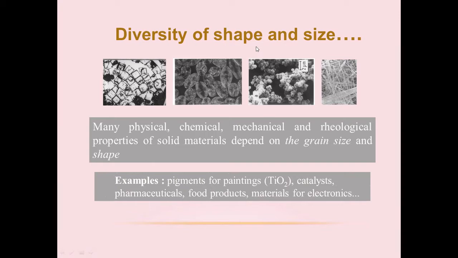In the case of pigments, I think this is very self-explanatory. In the case of pigment, sizes are really under quality control. Pigments for paints, catalysts that are used in chemical reactions, pharmaceutical products, food products, even more so materials used in electronics.